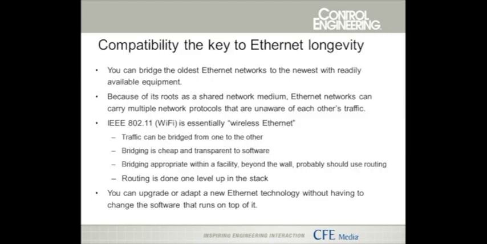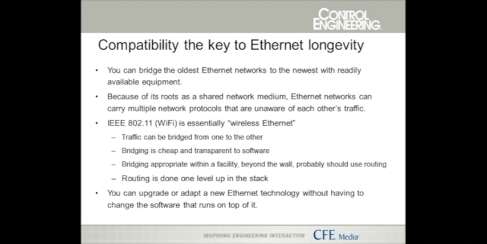The key to the longevity of Ethernet as a standard in the presence of all this investment is backward compatibility. So you can take one of the oldest Ethernets out there and bridge it with readily available equipment to the Ethernet gear you can buy today. And this is actually an astonishing track record of compatibility over the decades.